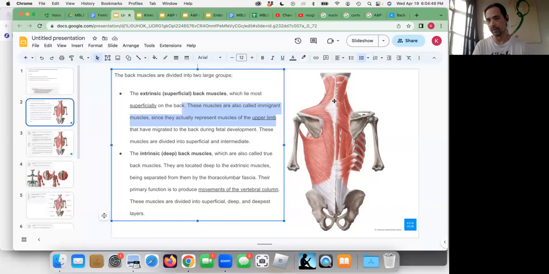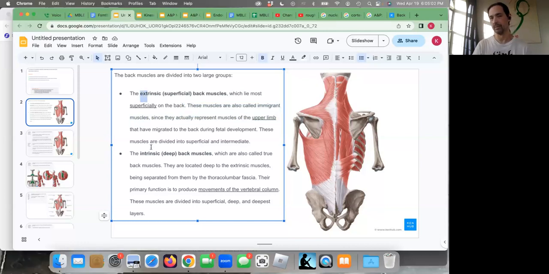The fibers, or the cells, migrate toward the spine. So they start on the outside and they migrate toward the spine. They're also therefore called the immigrant muscles, but just remember that they are the outside, the extrinsic back muscles.